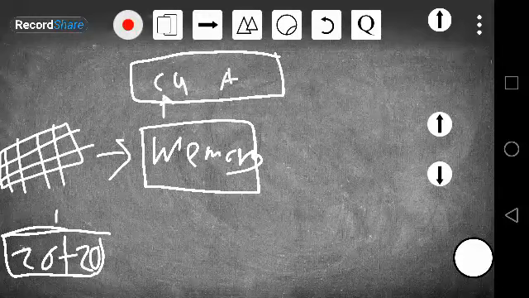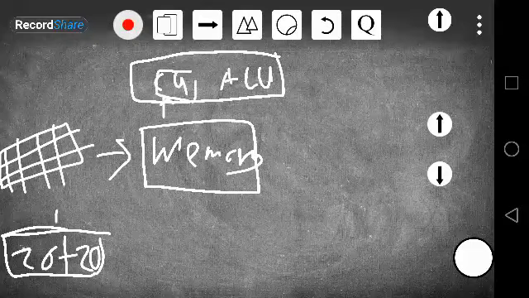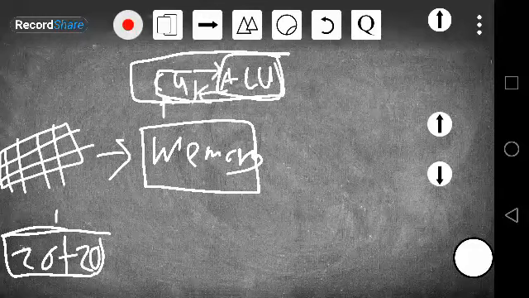We have the control unit and the ALU. From memory it goes to the control unit and is then sent to the ALU for performing the addition.